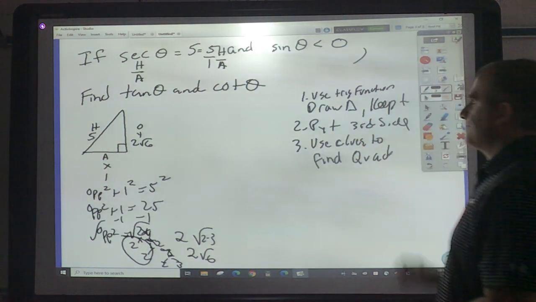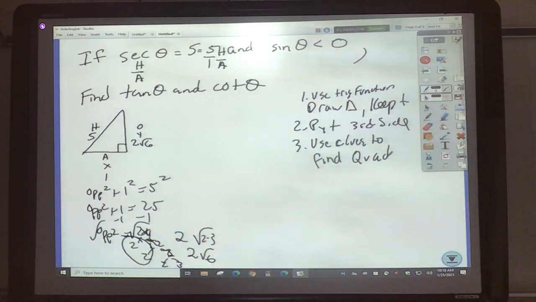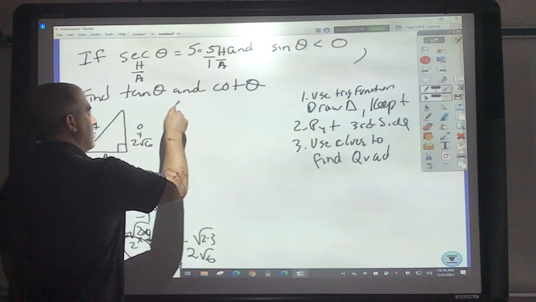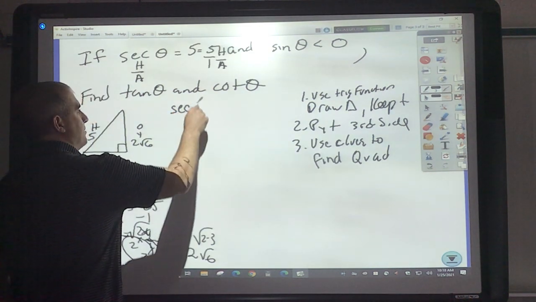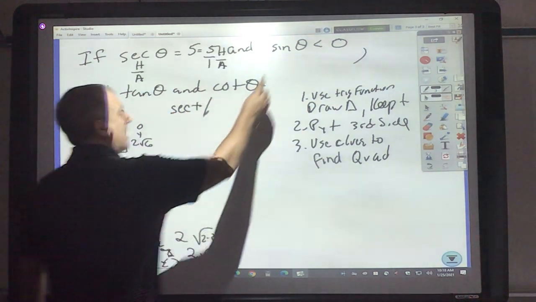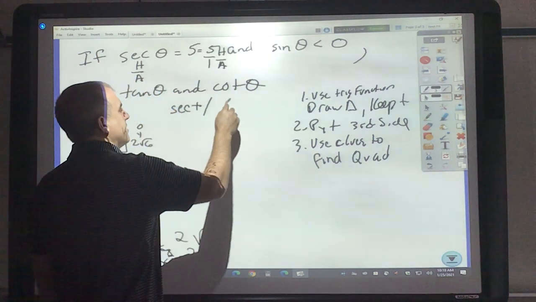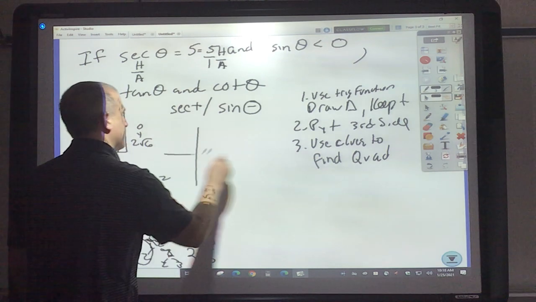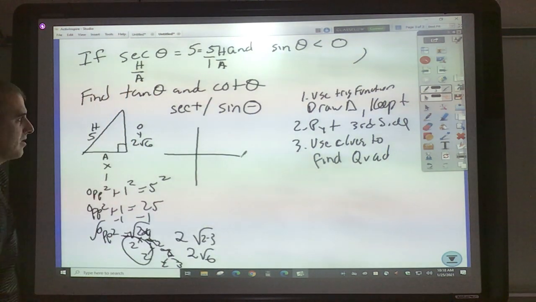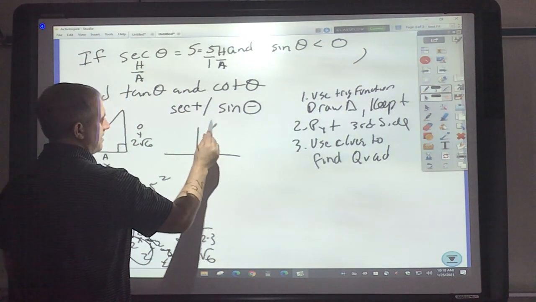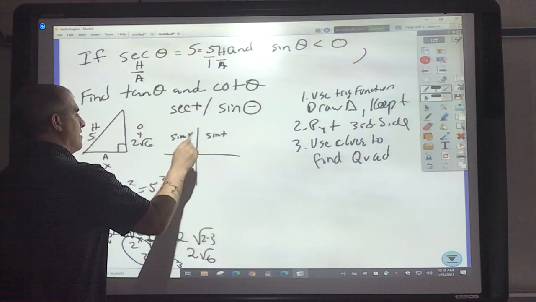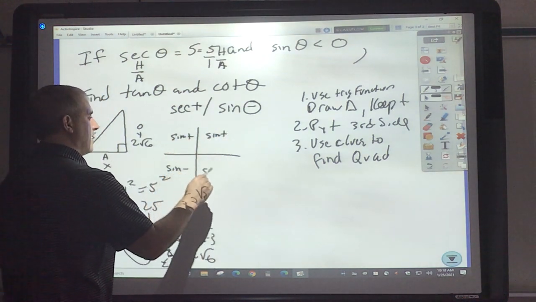Here's what they're basically telling me. They are telling me that secant is positive, and sine is less than 0, sine being negative. So let's go to our quadrants. We have sine positive here, sine positive here, sine negative, and sine negative.